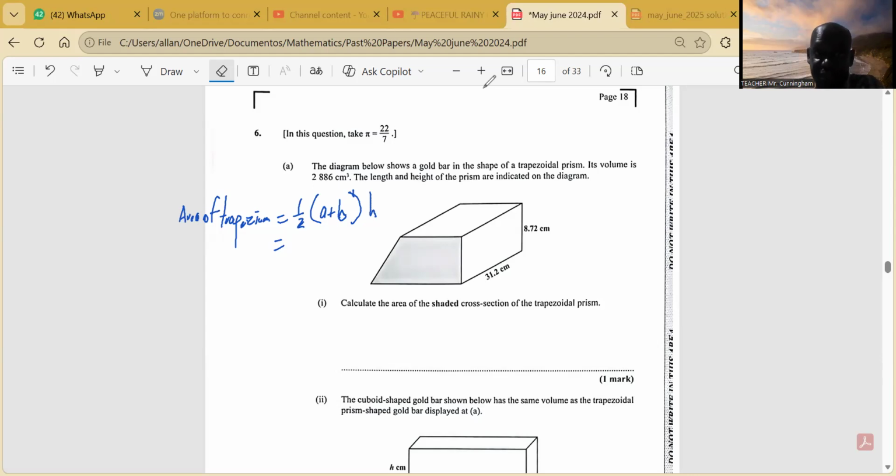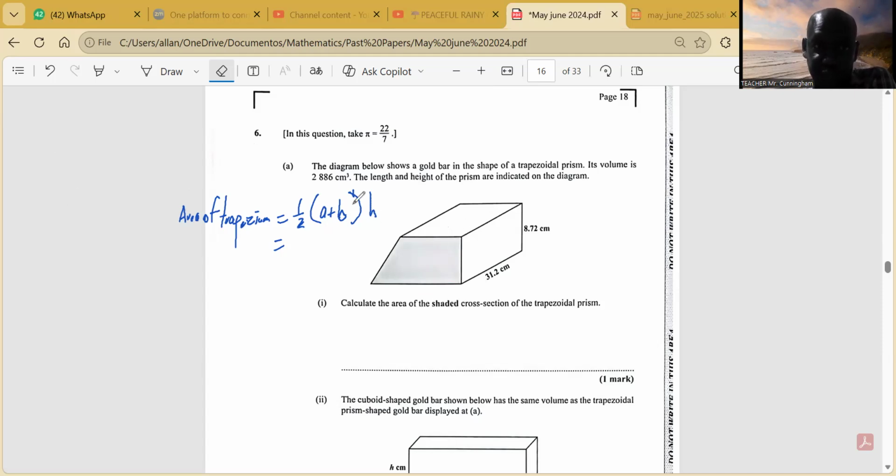Its volume is that, the length is that. Calculate the area of the shaded cross section. Oh, you're not using that formula. Sorry, everybody. I didn't do the question before, so I have to think about it.